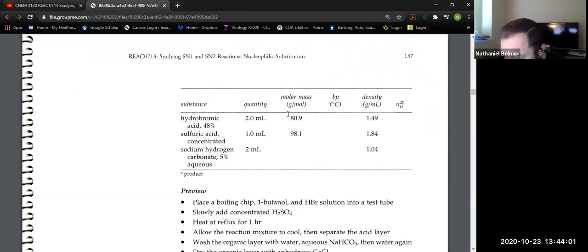And just like the 1-butanol, you do 1 mole of hydrobromic acid over its weight, which is 80.9 grams per mole, but you write the mole on top and the grams on the bottom. And then you do the same thing: for 1 mole of hydrobromic acid, you make 1 mole of 1-bromobutane.